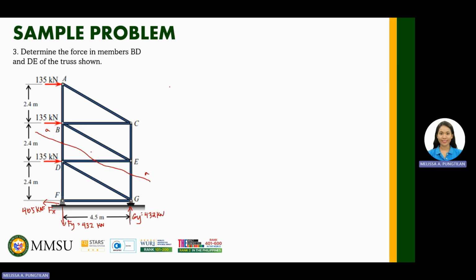Okay, so problem pala na to, no? Since kinuha natin yung reaction, pwede natin gamitin yung nasa baba. Pag ginamit naman natin yung portion sa taas, okay lang na hindi na natin i-compute yung mga support reactions, right? Kasi pag upper portion yung kinuha natin, hindi na natin kailangang i-compute yung reactions.